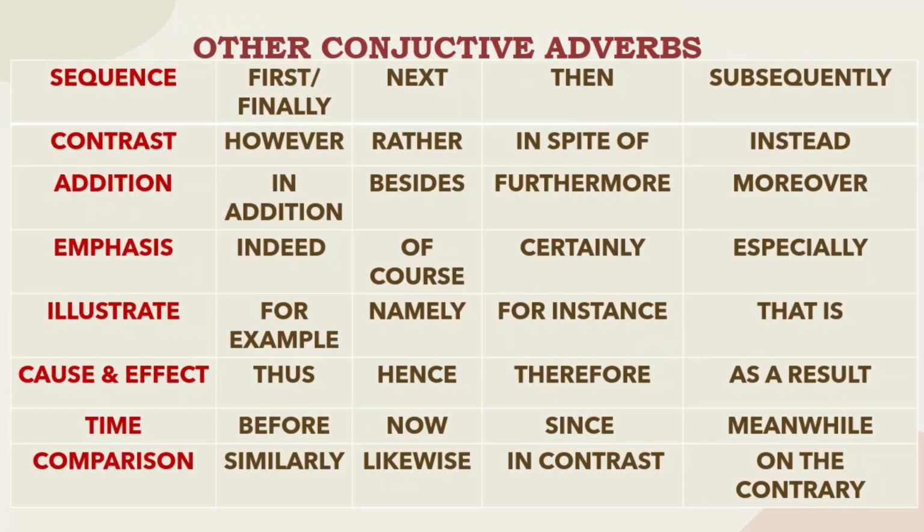Here is a list of conjunctive adverbs that you could use to connect independent clauses. We could use the following to indicate a sequence or a series of steps: first, finally, next, then, subsequently. To indicate contrast, we could use the following: however, rather, in spite of, instead.